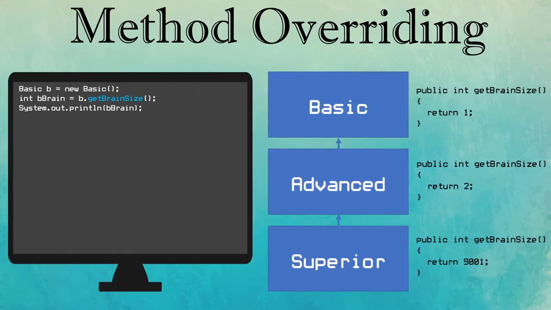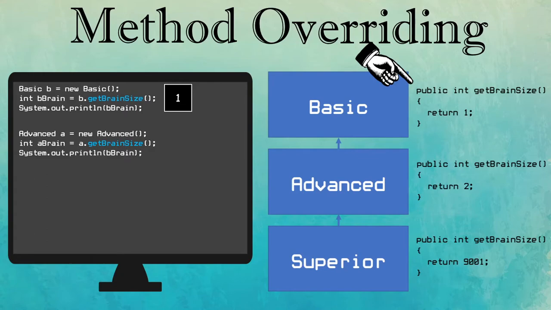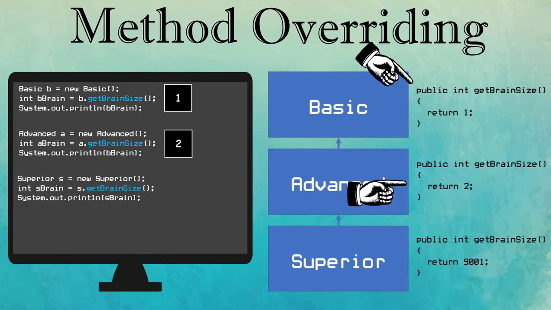When the getBrainSize method is invoked on a basic object, it returns the value 1 because that is how it is defined in the basic class. When invoked on an advanced object, it returns the value 2 because that is how it is defined in the advanced class. And when invoked on a superior object, it returns the value 9001 because that is how it is defined in the superior class.